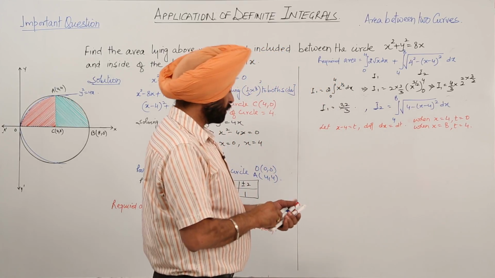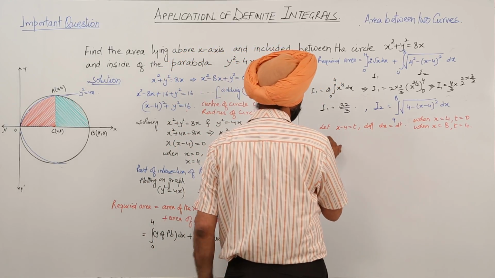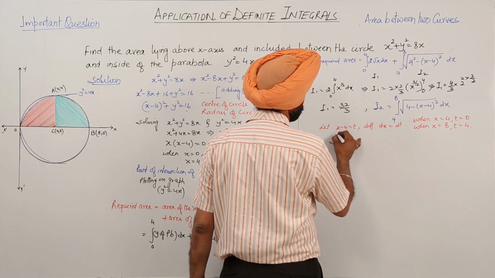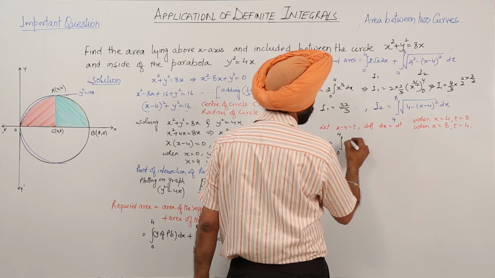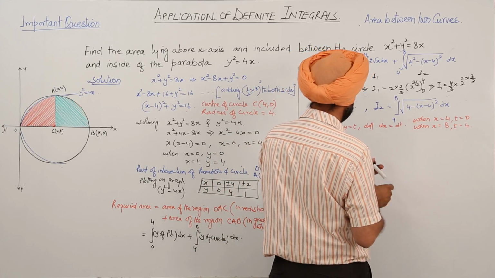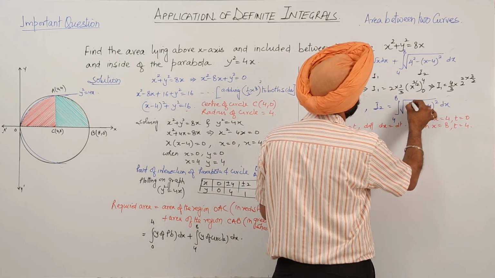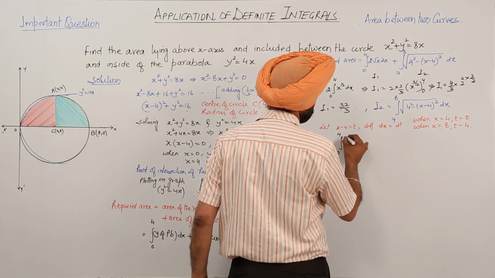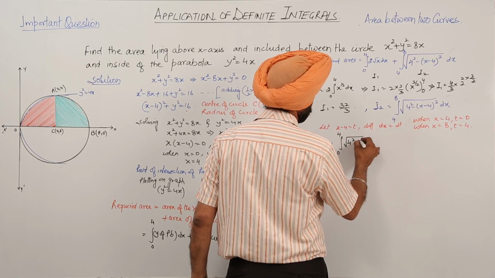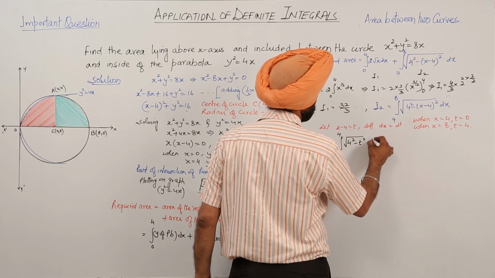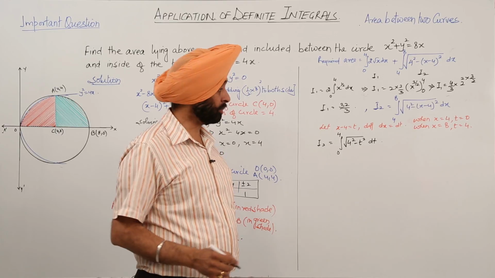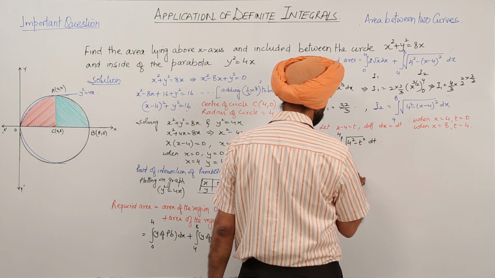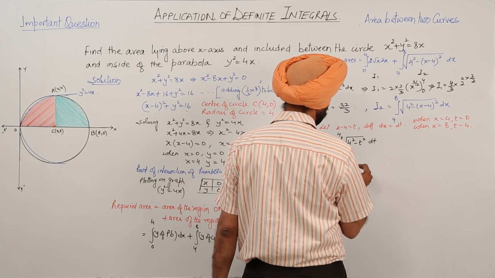Okay. So now I2 is equal to the integral from 0 to 4 of root of 4 square minus t square dt; here it is under the root, I am sorry.